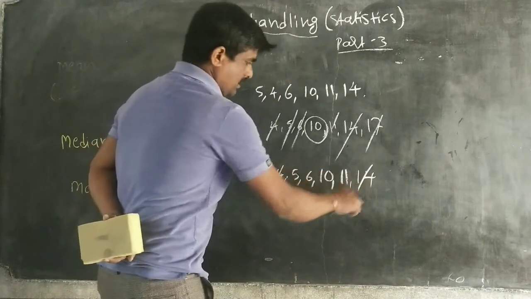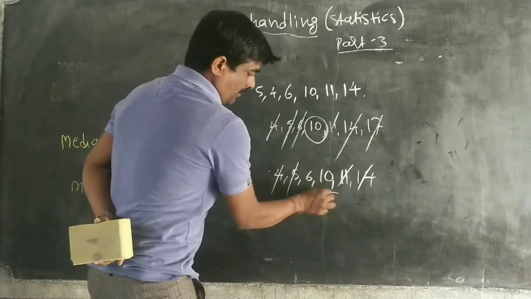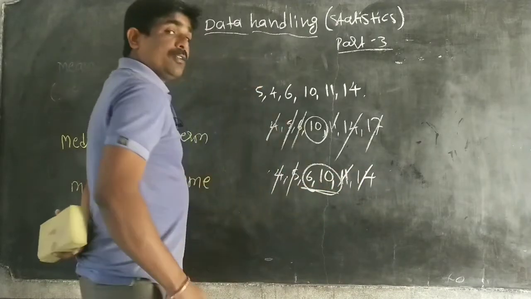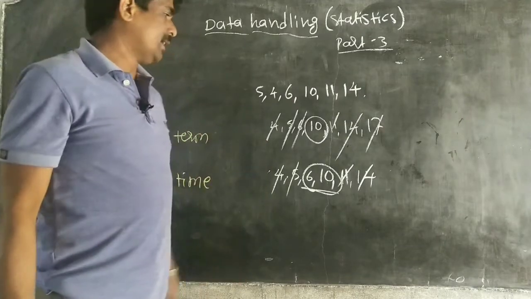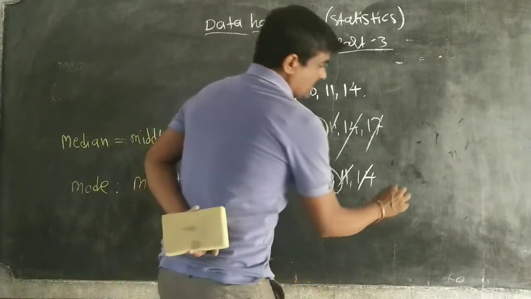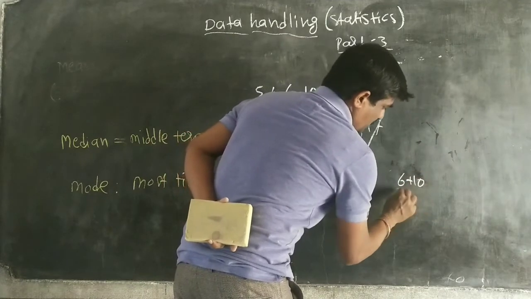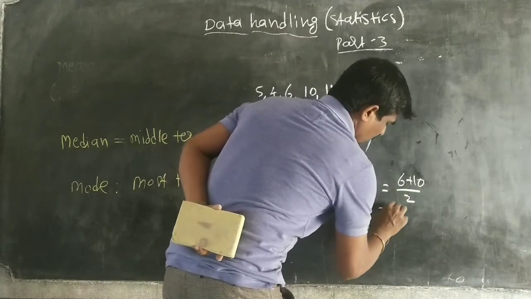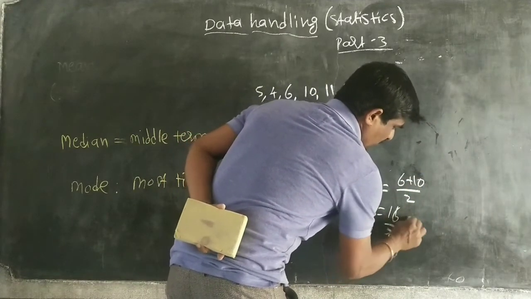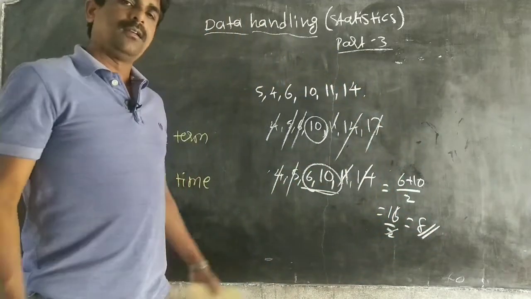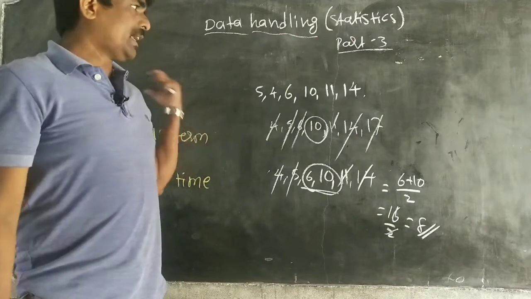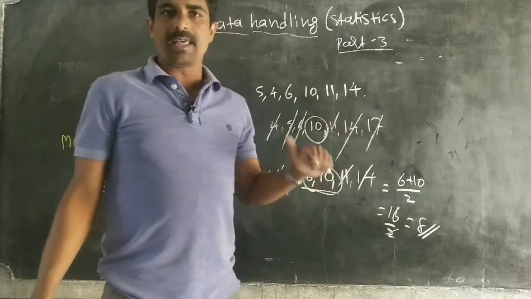Cancel both sides, each by one, and we are left with 2 terms. So which is the median? Simply add 6 plus 10 divided by 2, that is 16 by 2, equal to 8. 8 is the median.